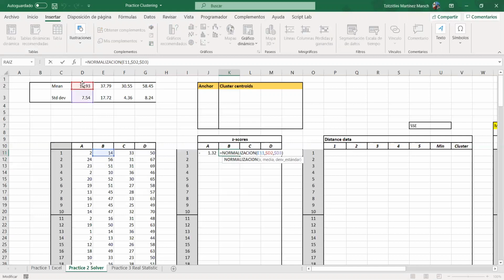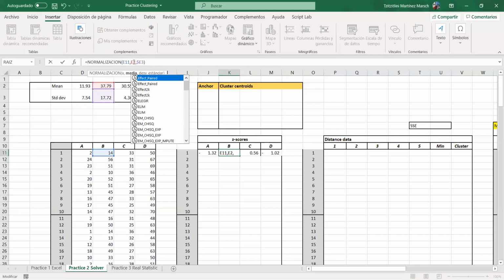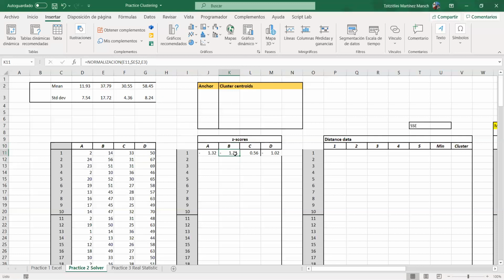I'm just going to pull it, a lot easier. We need to make sure you put both so that it doesn't move around, because we really don't want this to move around.